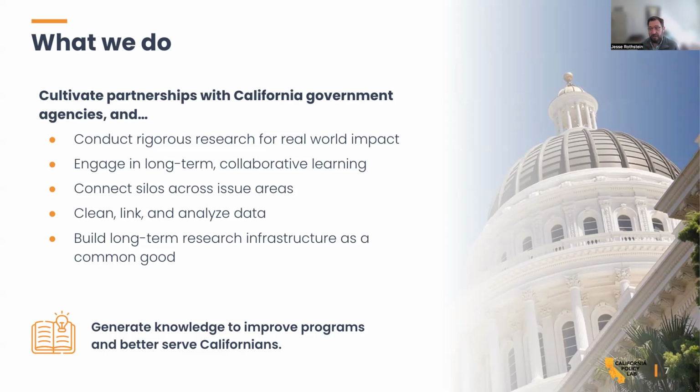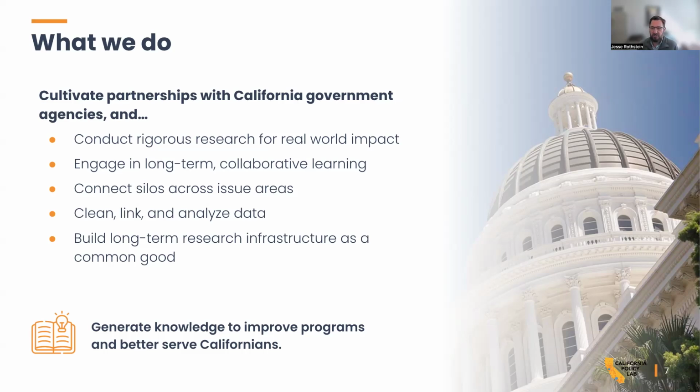Along the way, we do a lot of work to clean and curate the data that the agencies have in their administrative data sets, turn it into something that can be useful for research. We try to build that in a cumulative way so it's available to other researchers who use that data. And all of this is part of building infrastructure that is then going to be a common good. The original idea of CPL came from a realization that it was just really inefficient for each researcher to go try to develop these partnerships on their own, develop all the infrastructure on their own to do projects.